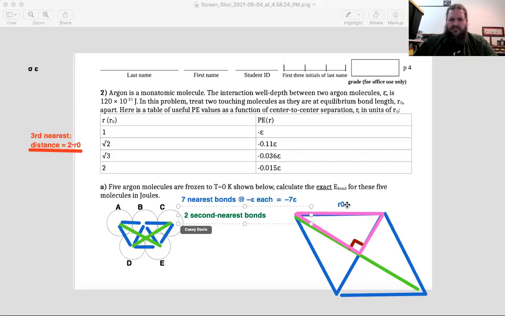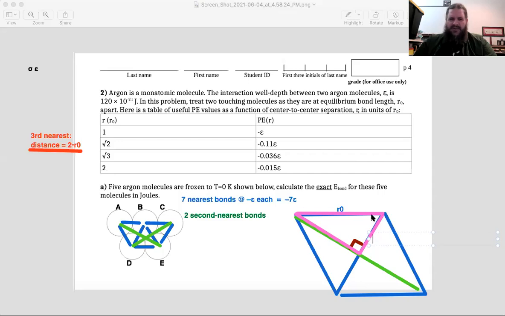For instance, we know this side is R0, right? What about this shorter leg here? What would that have to be? Remember, this was originally an equilateral triangle.